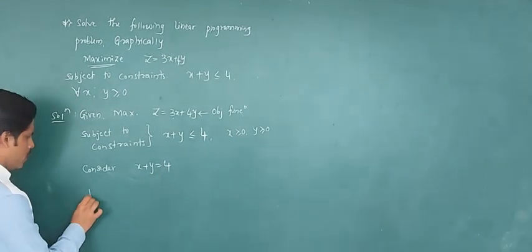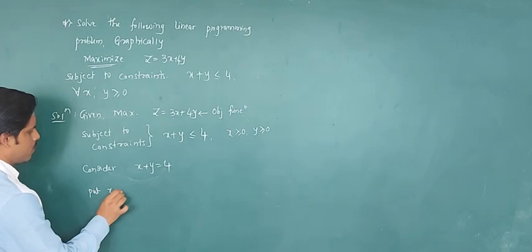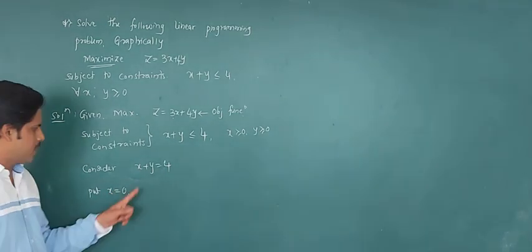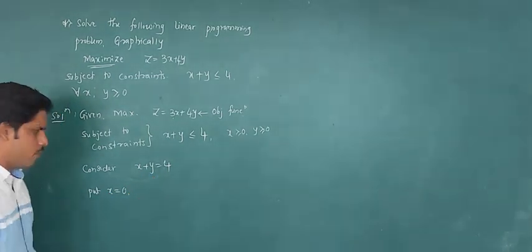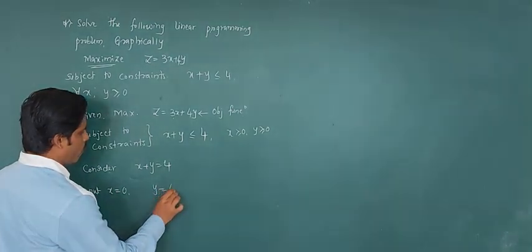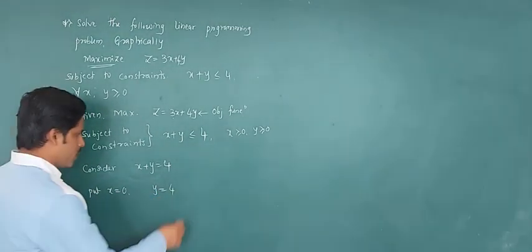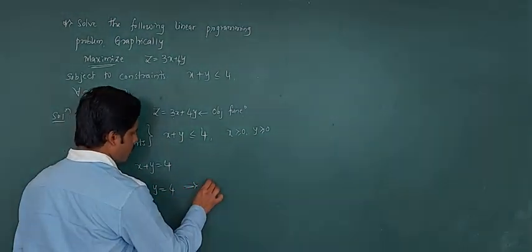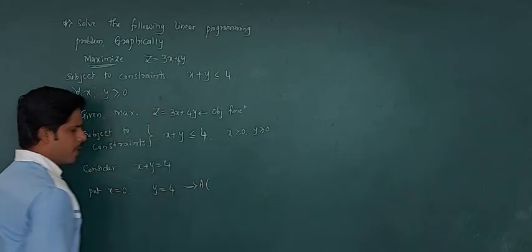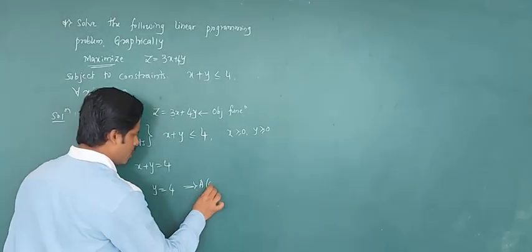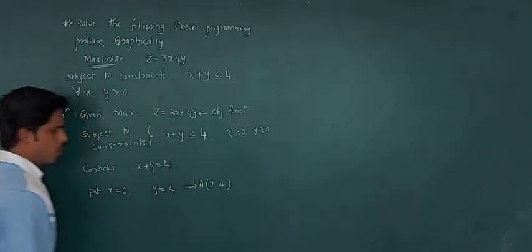Here first put x equal to 0. If x equal to 0, 0 plus y equal to 4, we get y equal to 4. Then the first point, I will consider this point as A, that is x equal to 0, y equal to 4.